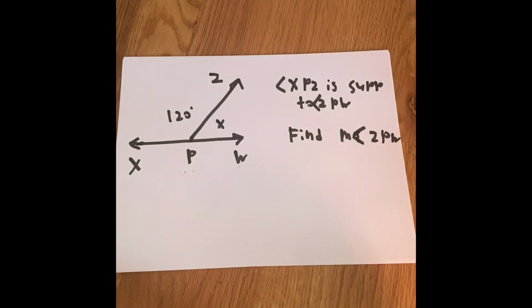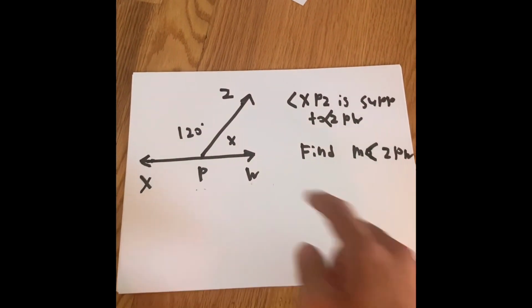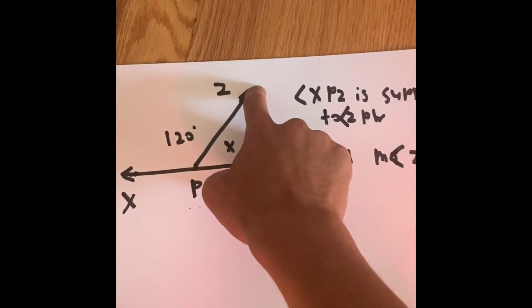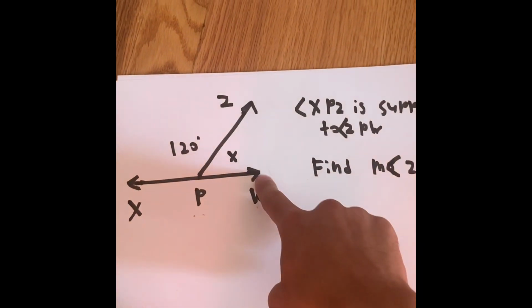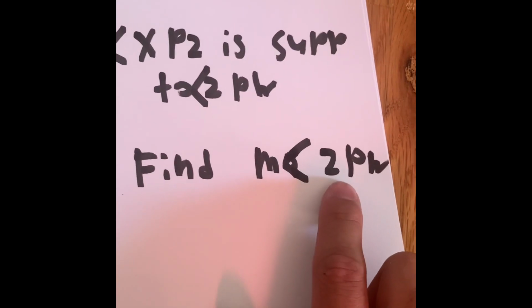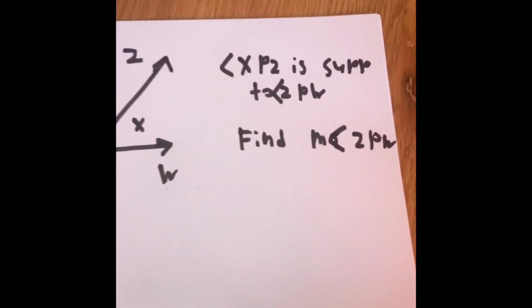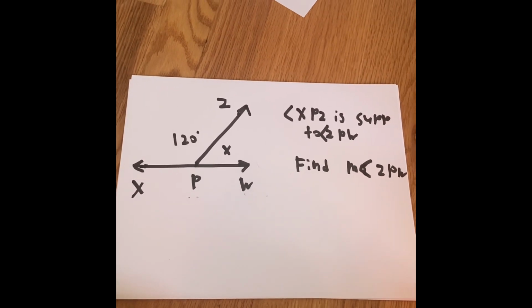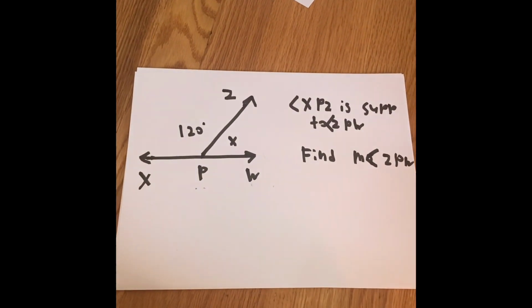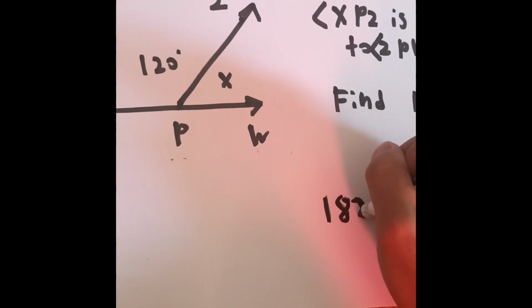Alright, so here is our problem. We're going to say that XPZ is supplementary to ZPW. Find the measurement of ZPW. We said earlier that supplementary angles add up to 180 degrees.